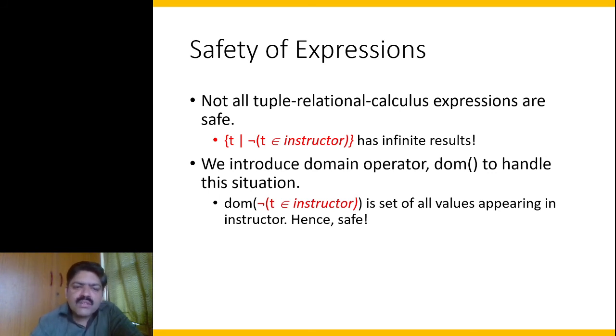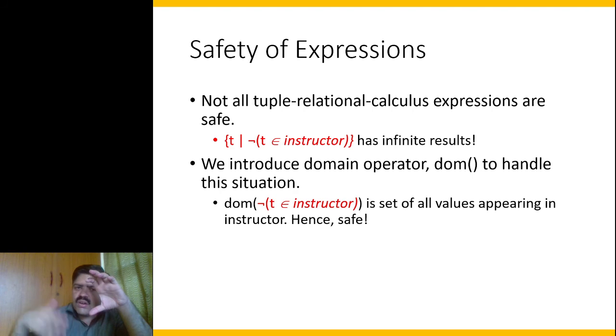Now to avoid getting into these kinds of situations, I use an operator, or a function, called domain. When I pass anything to domain, it converts an unsafe expression to a safe expression. In other words, it takes the universe of the current domain, in this case the instructor table, takes all the tuples in the instructor table and subtracts what is given.